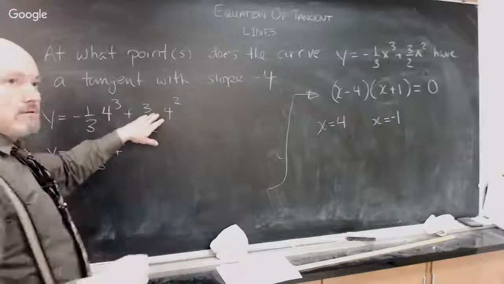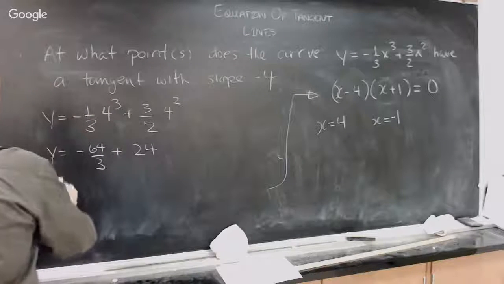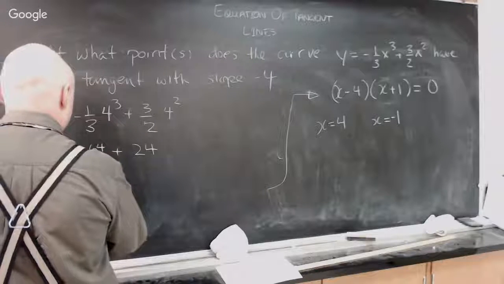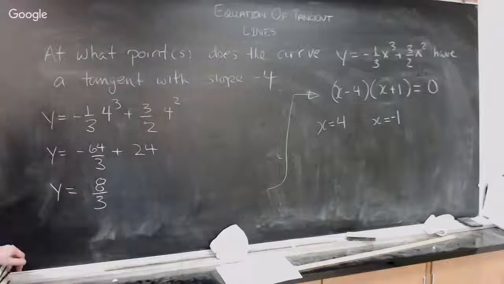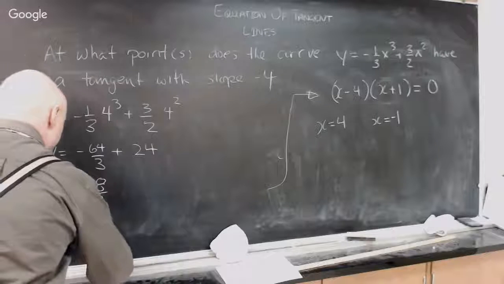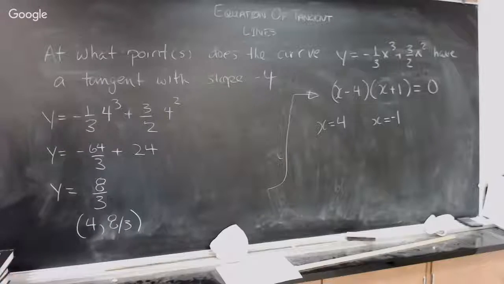And this is 16. 16 times 3 is 48, 24. 24, 64. Oh, 24 times 3 is 72. So this is going to be 8/3. And so at (4, 8/3), it's going to do the trick.